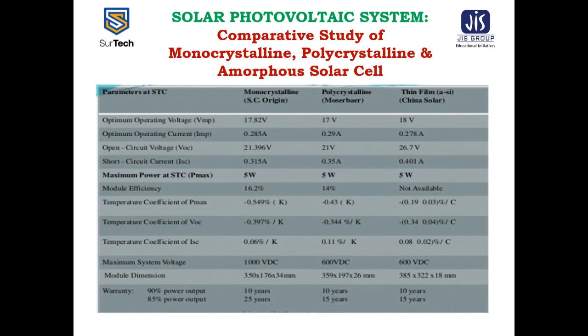Temperature coefficient of the Pmax is minus 0.549%, that is 0.43 for polycrystalline and 0.19 for the thin film amorphous. The maximum system voltage for monocrystalline is 1000 VDC, for polycrystalline 600 VDC, and thin film is 600 VDC.